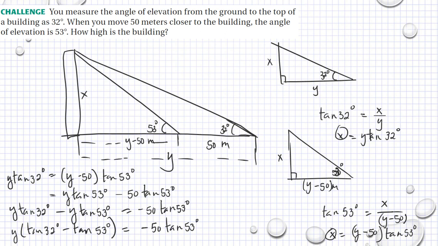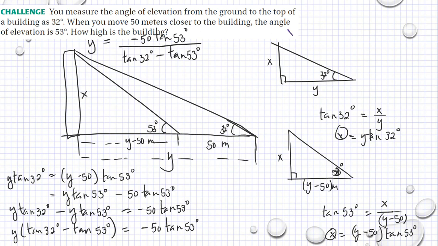So my y is equal to negative 50 tangent 53 degrees divided by tangent 32 degrees minus tangent 53 degrees.